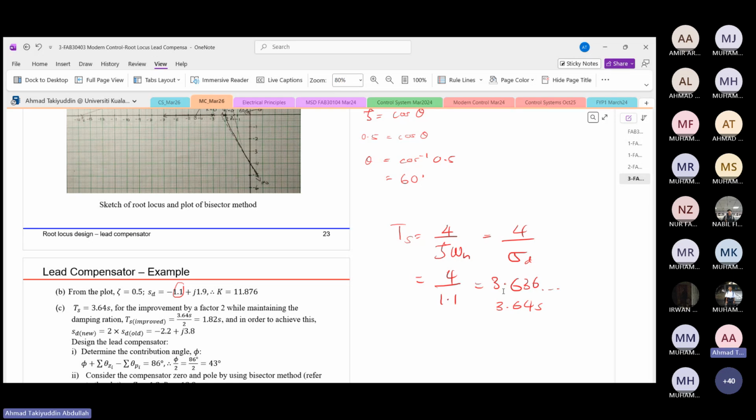So if, let's say, we want to have the improvement of this 1.82 seconds for the settling time, we need to have this lead compensator designed at the new dominant pole that will be -2.2 + j3.8.